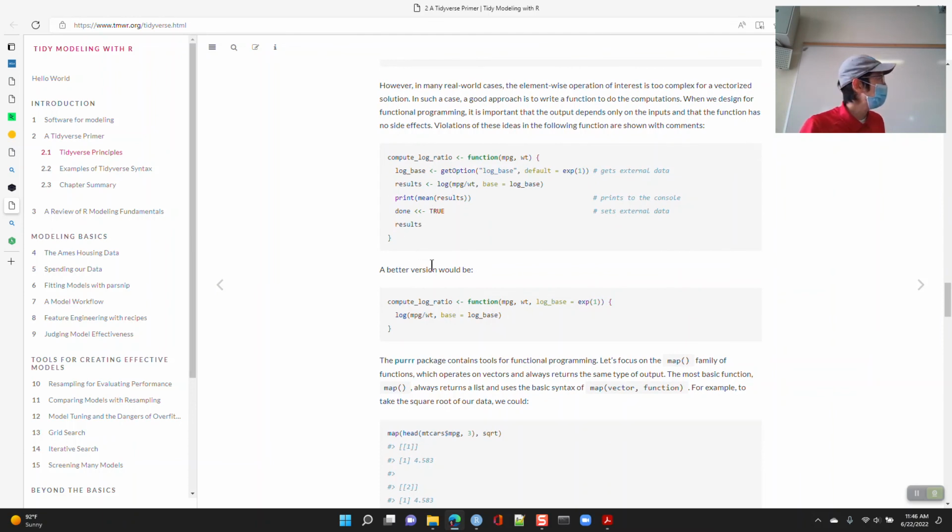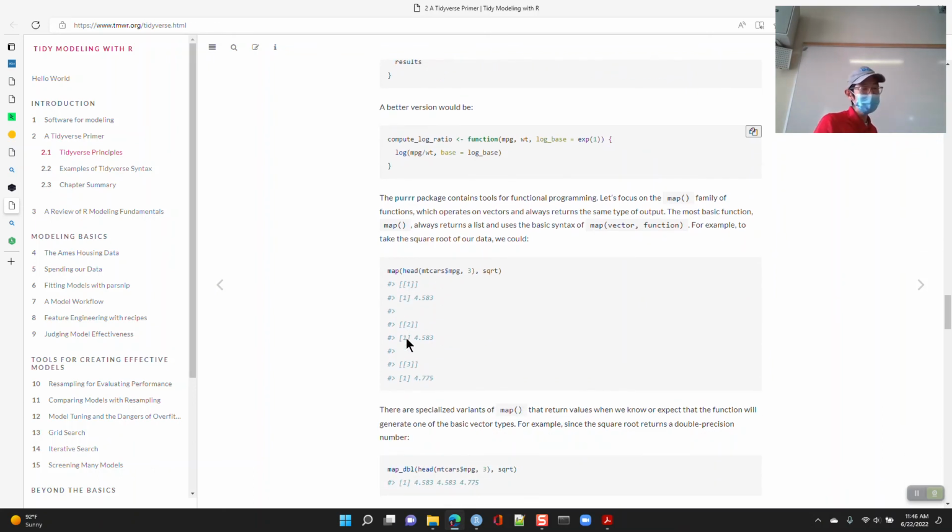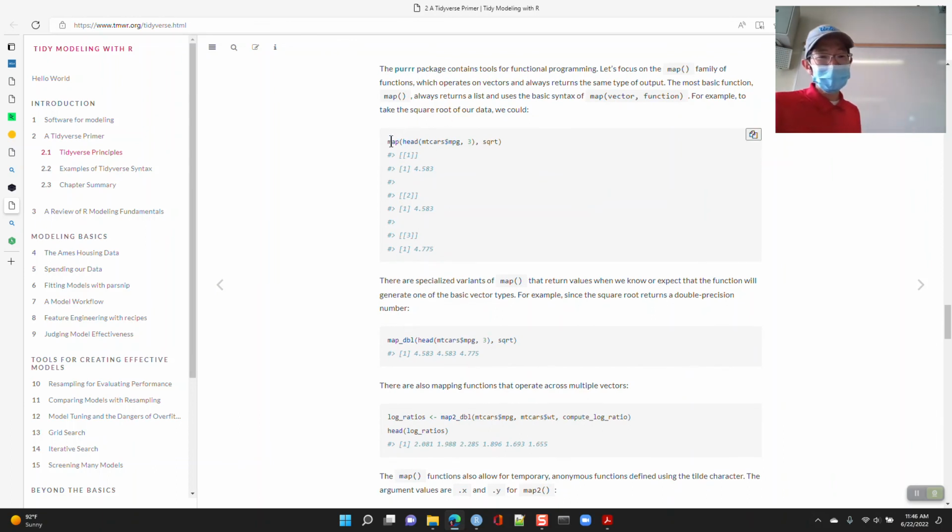In this first chapter, it gives you bad code versus good code examples. See if you can understand why this one's bad and why this one's good. There might be some functions you've never seen before, like map. What is map, and exactly what's happening? Map is kind of like an apply.